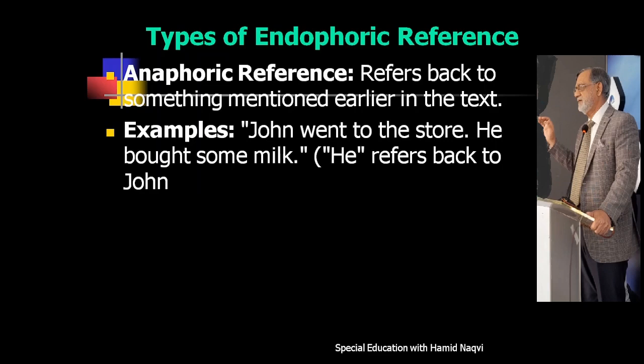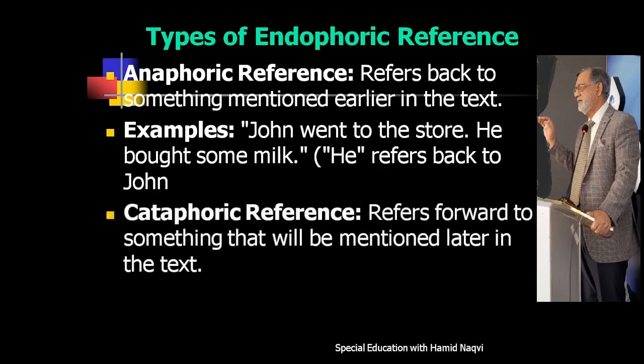He bought some milk. John is being talked about in this text, and when after talking about John, we are referring back to John again, we are using he instead. He refers back to John, so this would be anaphoric reference.